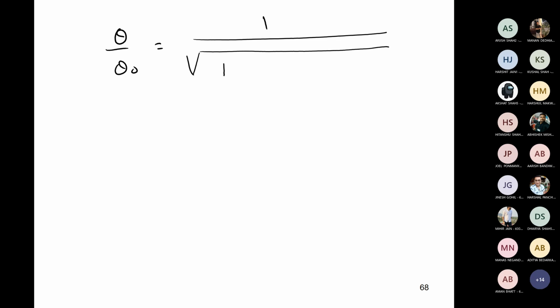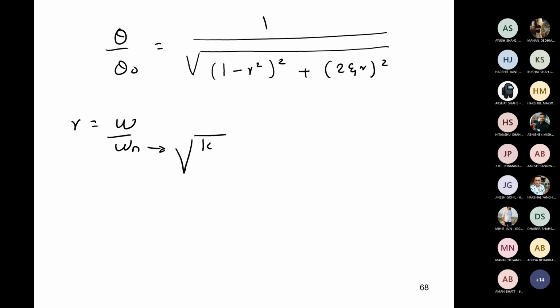Under root, 1 minus r square whole square plus 2 zeta r whole square. And r is omega by omega n, and omega n is square root of k torsional equivalent divided by I. So we have already calculated all these things in the previous step. So substitute that and find out the value of r.